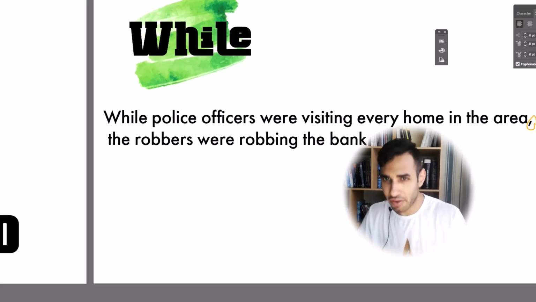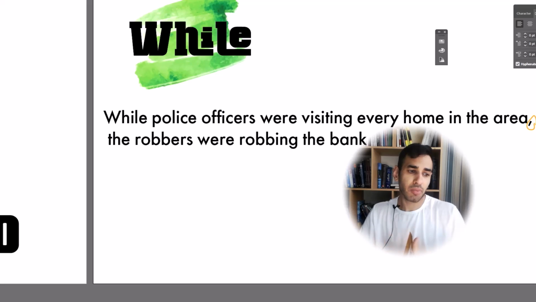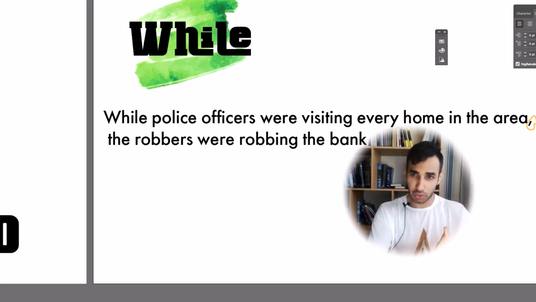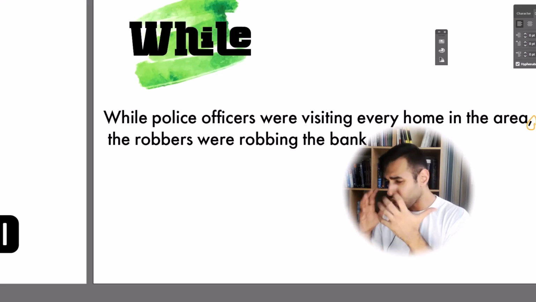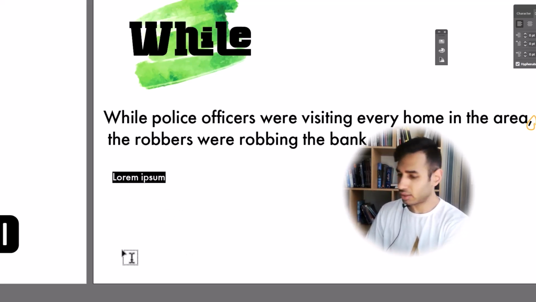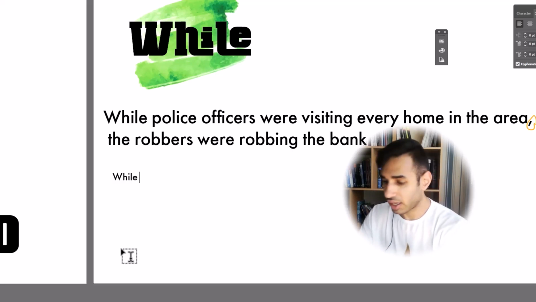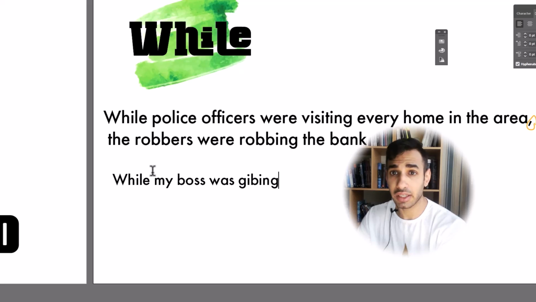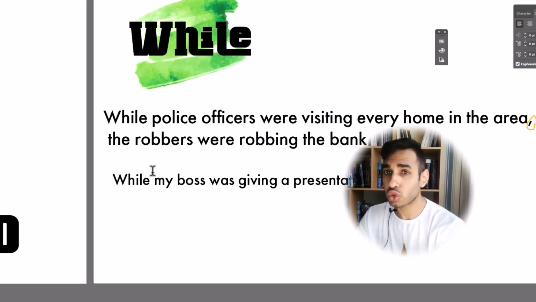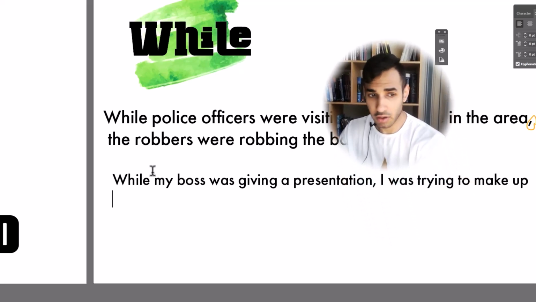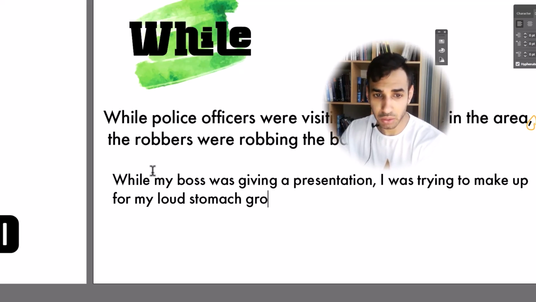Sometimes you want to emphasize one action being serious and one action being so silly. For example, in this example, again, I begin my first clause with while: while my boss was giving a presentation, I was trying to make up for my loud stomach growls by chewing gum.